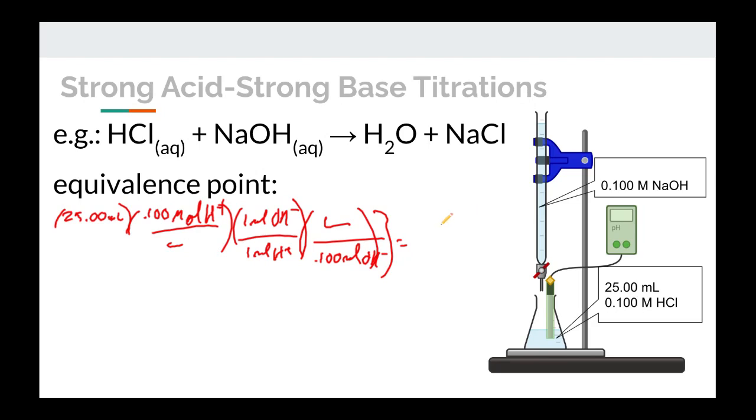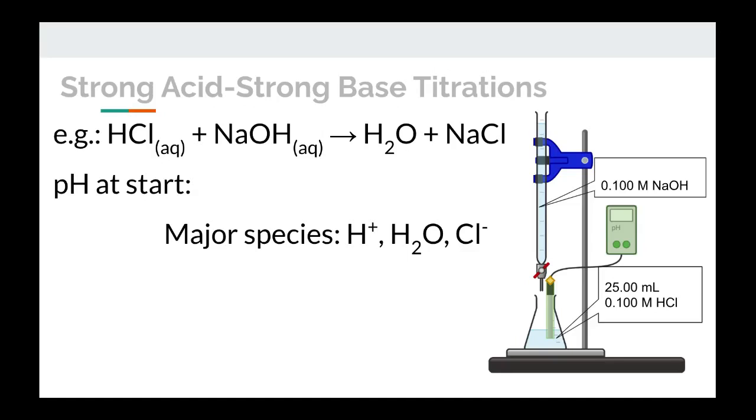So everything cancels out here except for milliliters, and that's going to be the volume at the equivalence point, and that's going to be 25.00 milliliters. So when we have added 25 milliliters of the stuff from the burette, we have reached the equivalence point for this reaction.